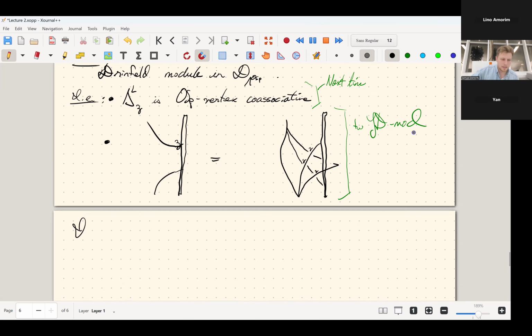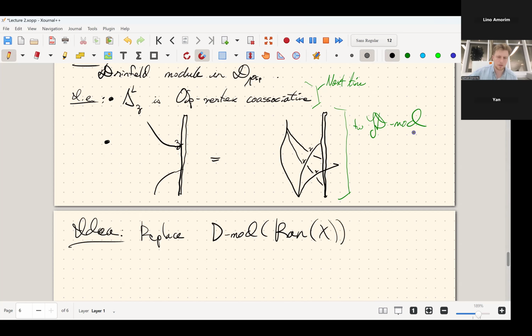The basic idea is that we want to replace, in the vertex algebra story, where a vertex algebra comes from the power series expansion of a chiral algebra, D modules on the Ran space of some space X. This is the union over all finite sets of maps from that finite set into our space X.